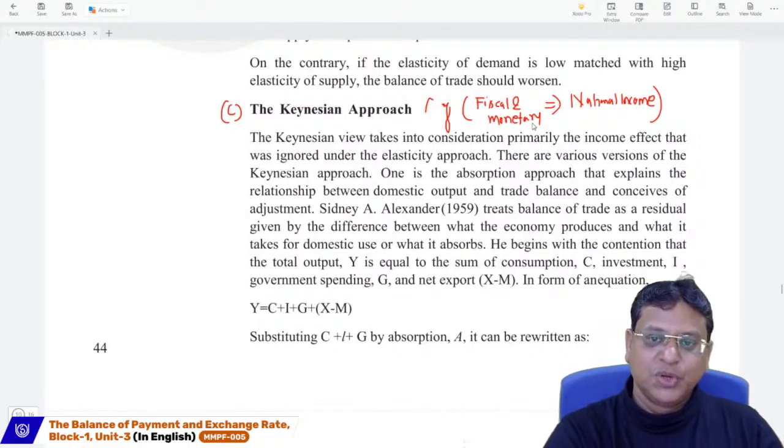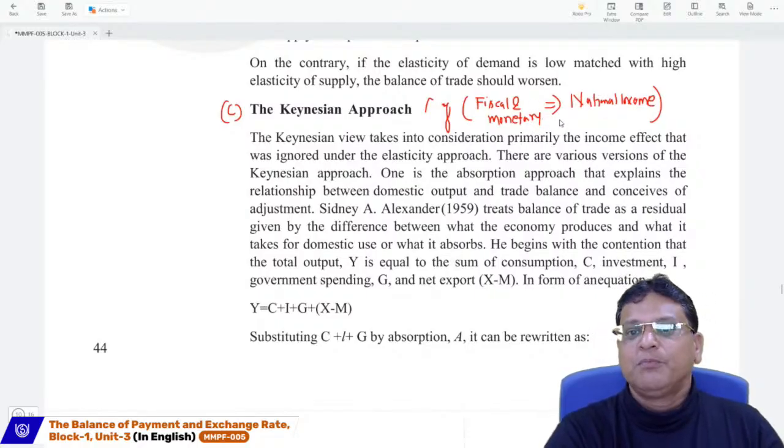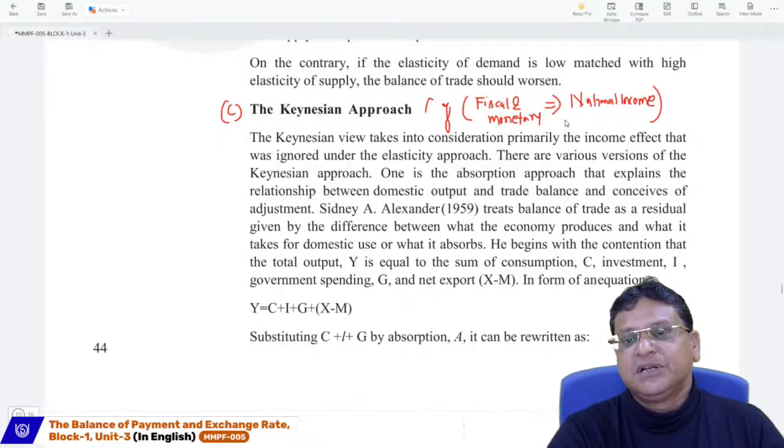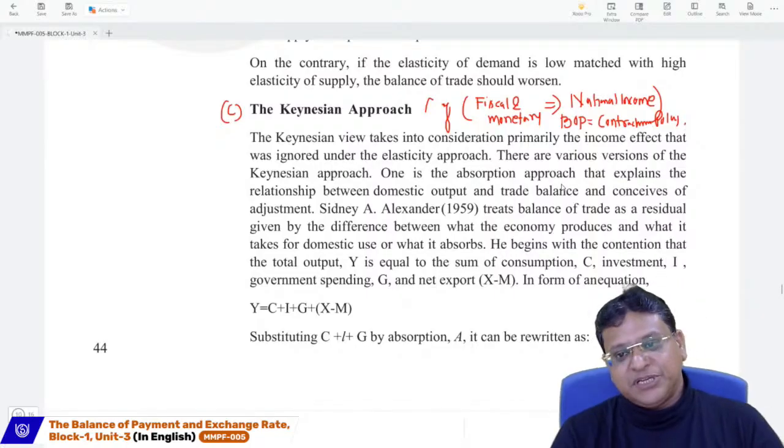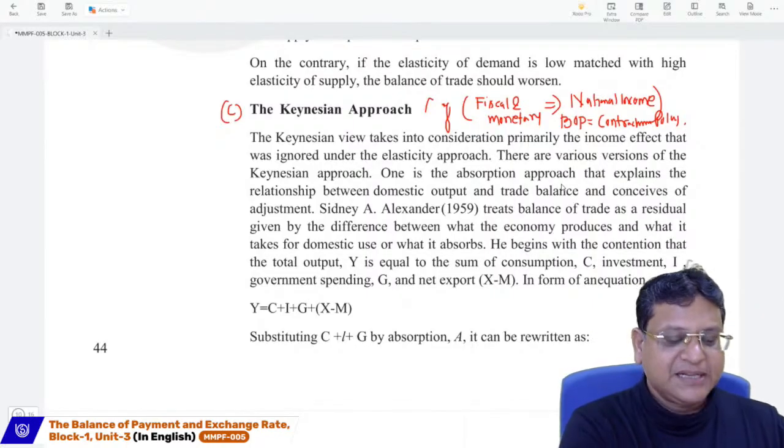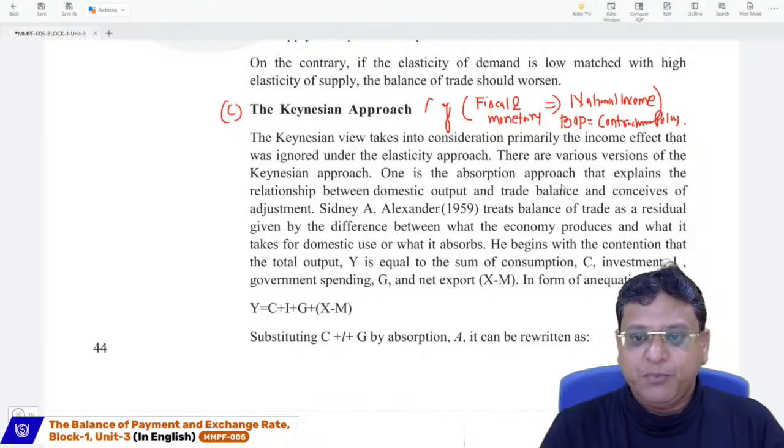So a country with BOP deficit should follow contractionary fiscal and monetary policies. Okay, next and third point is the Keynesian approach.